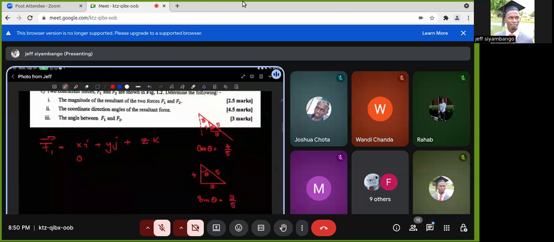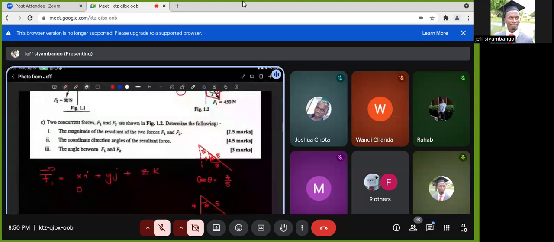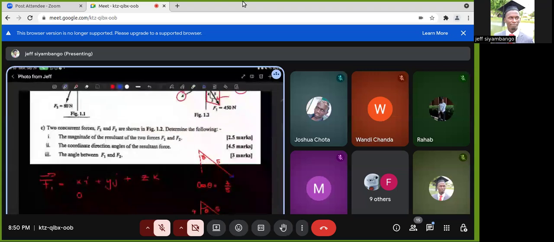Once I have those, I can now use sine theta and cos theta to describe what is happening to the bigger triangle. The force vector is going this way, and its magnitude is 450 newtons.